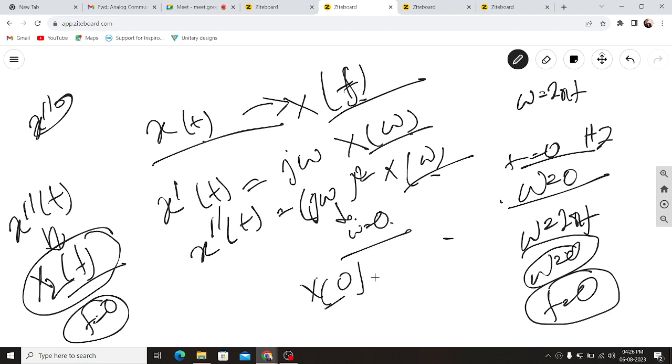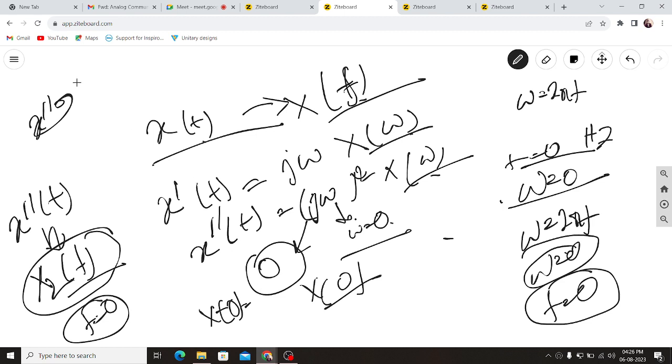So basically this omega value is 0, and whatever is multiplied by 0 will be 0. So this value is 0, right? Sir, actually we are finding the area now, sir. Area of time domain? No, we are not finding the area of the time domain.